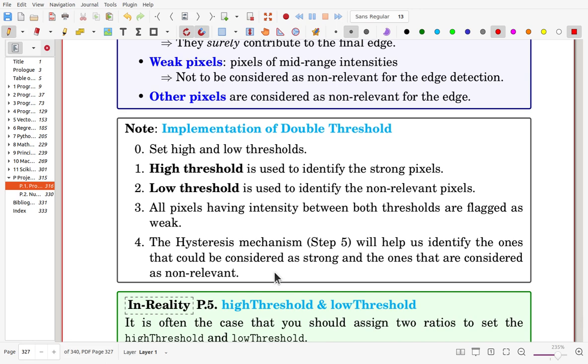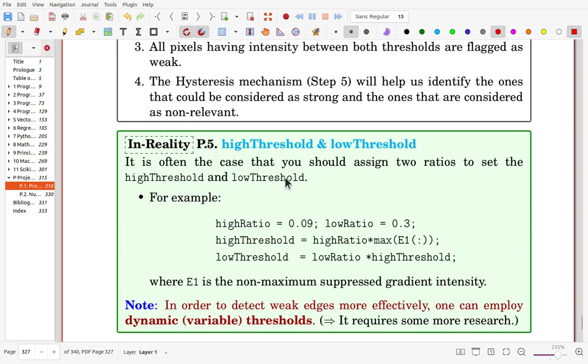Through the last step, we distinguish the weak pixels. Some weak pixels will be added to the strong ones, and some will be discarded. This is the reality in the implementation.